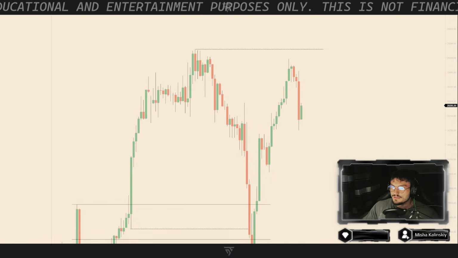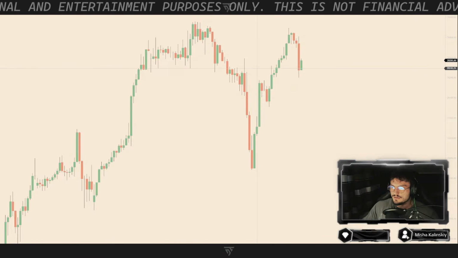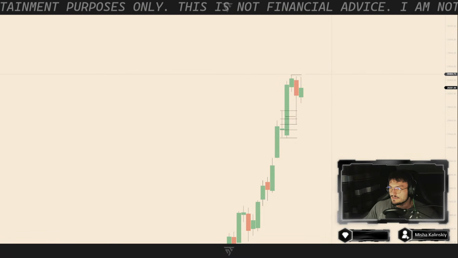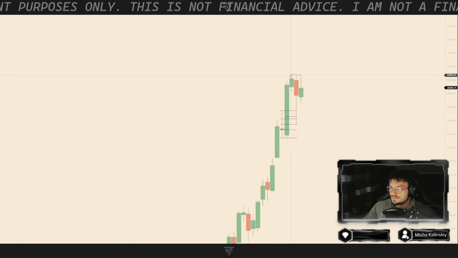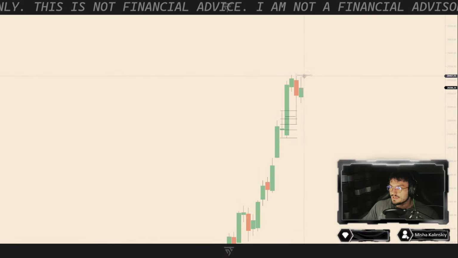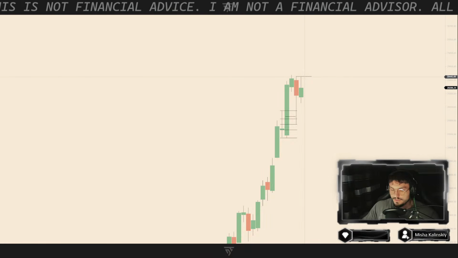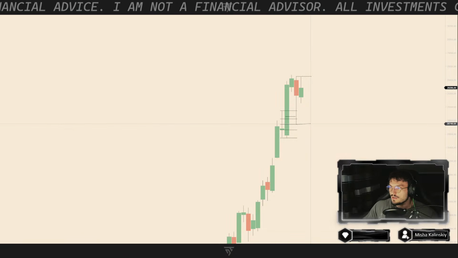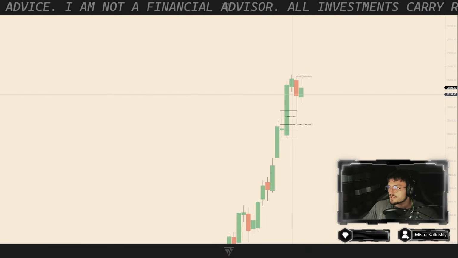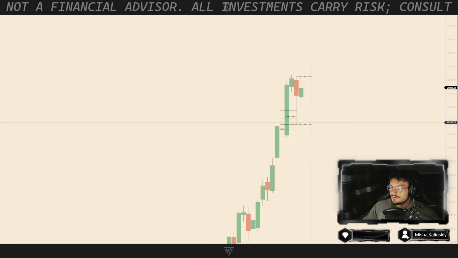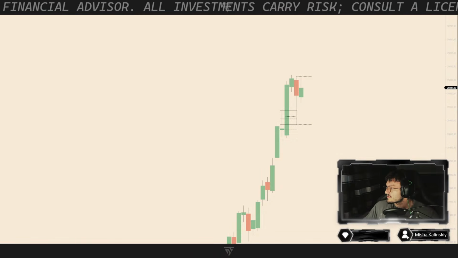Other than that, let me see the daily. Yeah, so the daily high and low, if you want to mark that out, if that's something that you do. This is the daily candle high and the daily candle's low. This is the current range that we are in. Really nice.